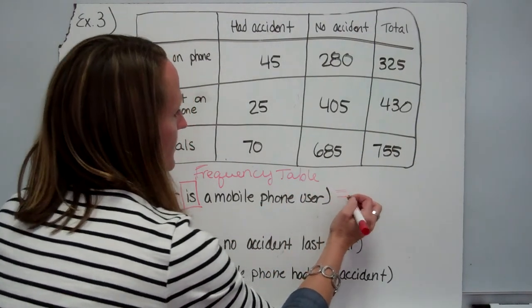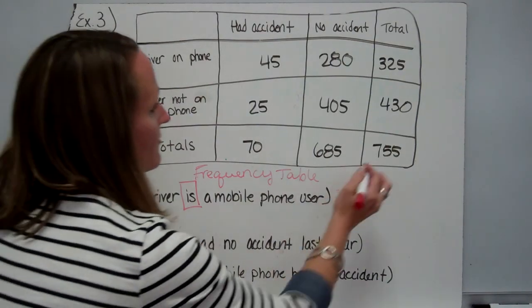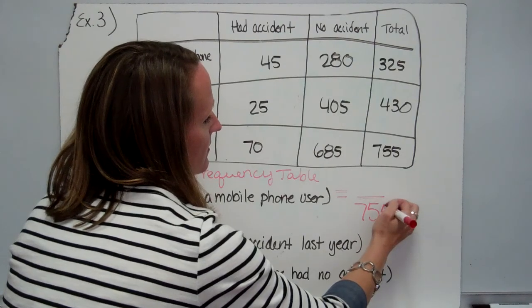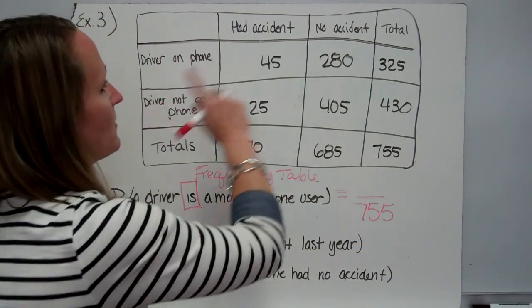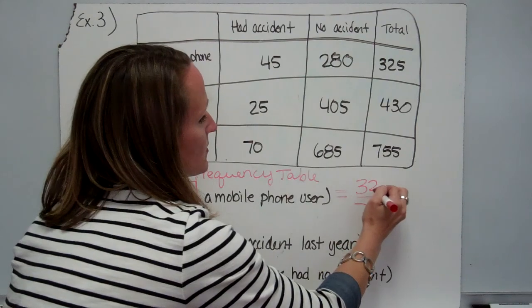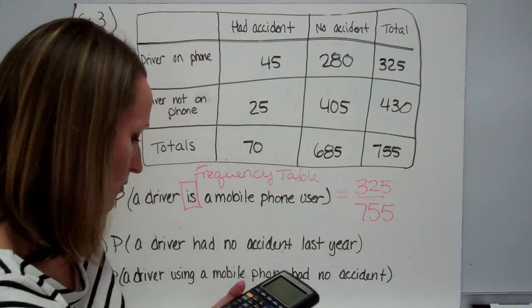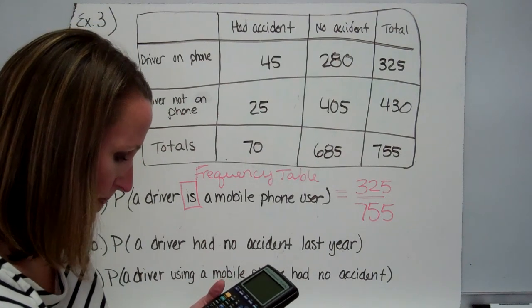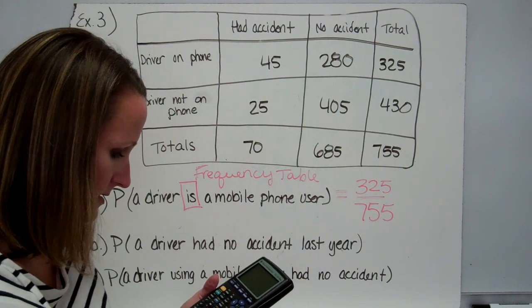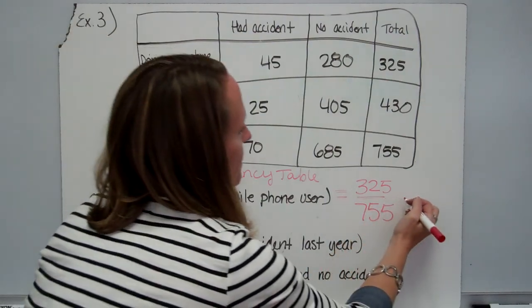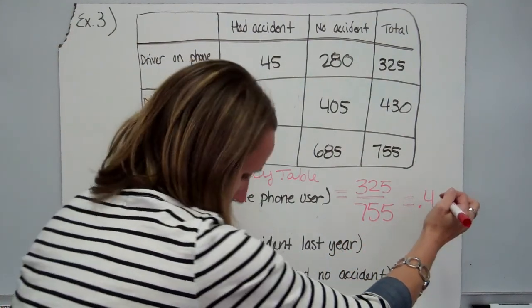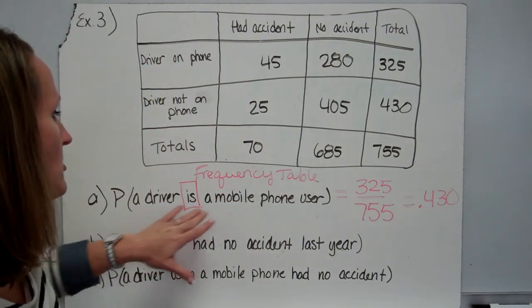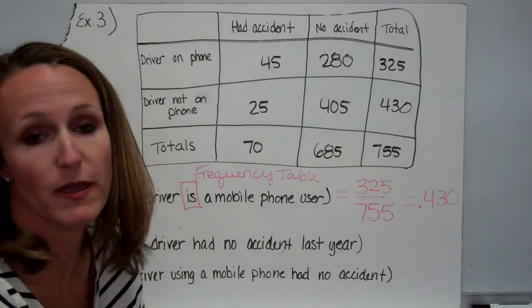This just wants to know a driver, so the total in this chart is 755. How many use mobile phones? 325. So we do 325 divided by 755 and get 0.430. So the probability that a driver is a mobile phone user is 0.430.